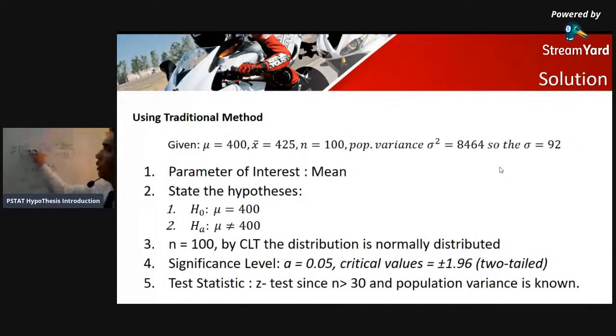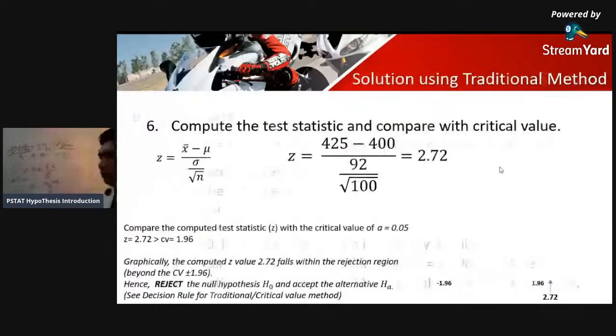We use plus and minus 1.96 because we are dealing with a two-tailed test. So here is now the computation, and the value is 2.72.